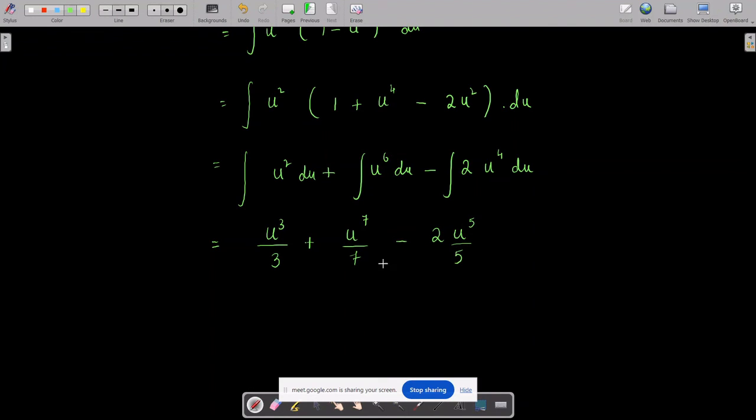So this becomes sine cubed x over 3 plus sine to the 7th x over 7 minus 2/5 sine to the power 5 plus c. This plus c will come in this step. Got it. And that is what I got.